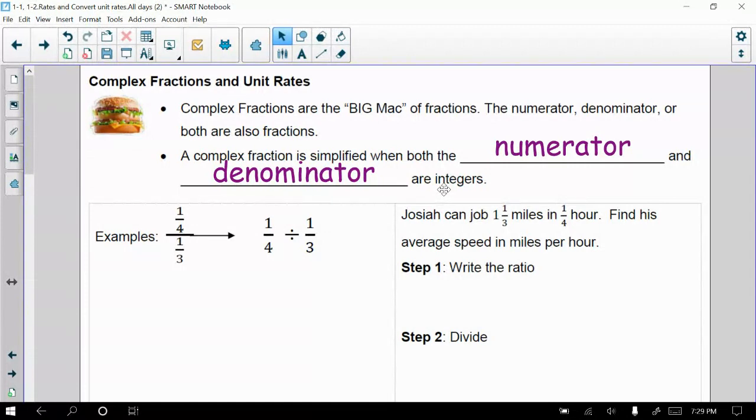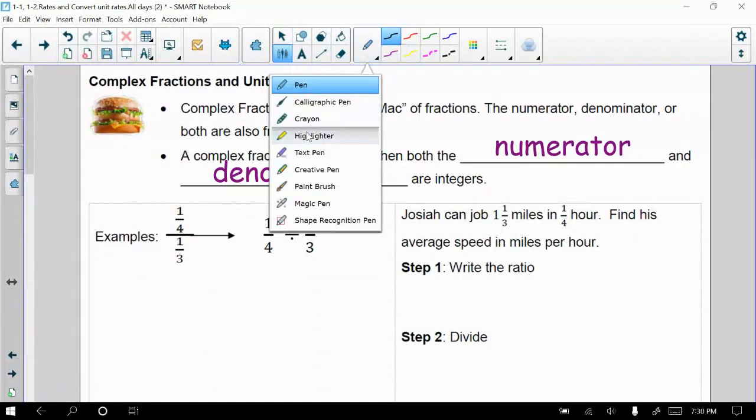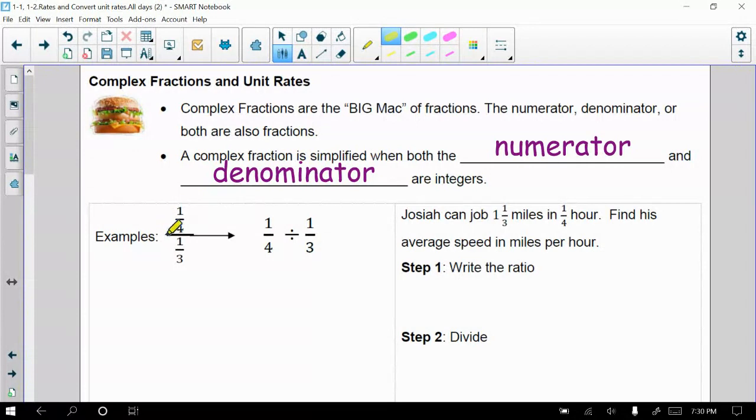So when we think about the Big Mac, see this big bar right here? Let's highlight that big bar. See this right here? That is, woo, your division sign right there. Okay, this here, it normally sticks out more than these little ones. That's how you know what you're dividing by.